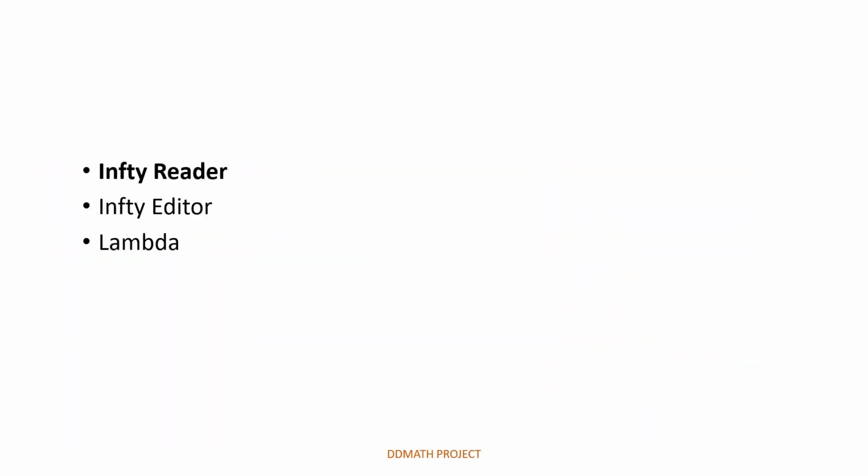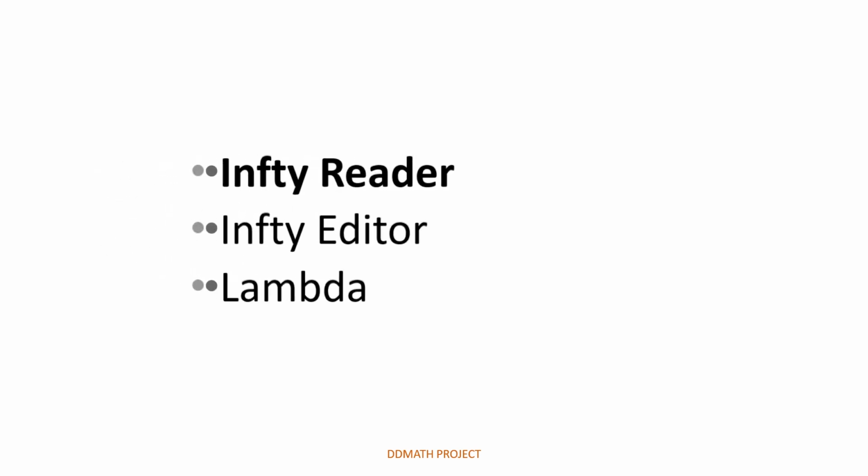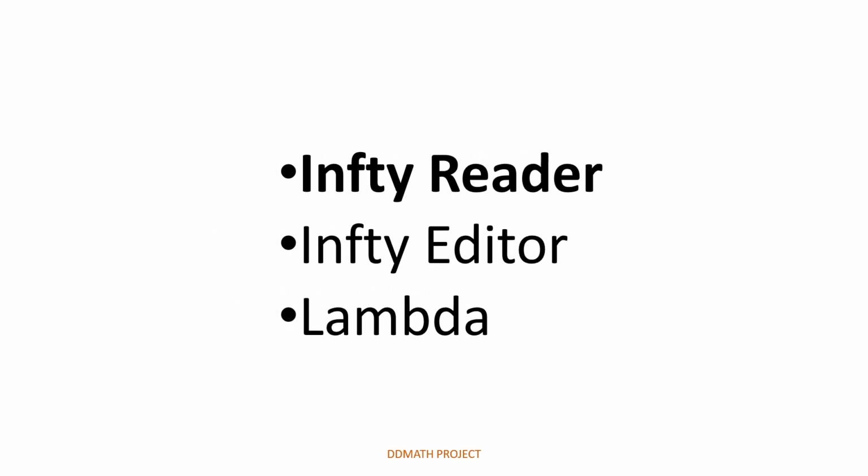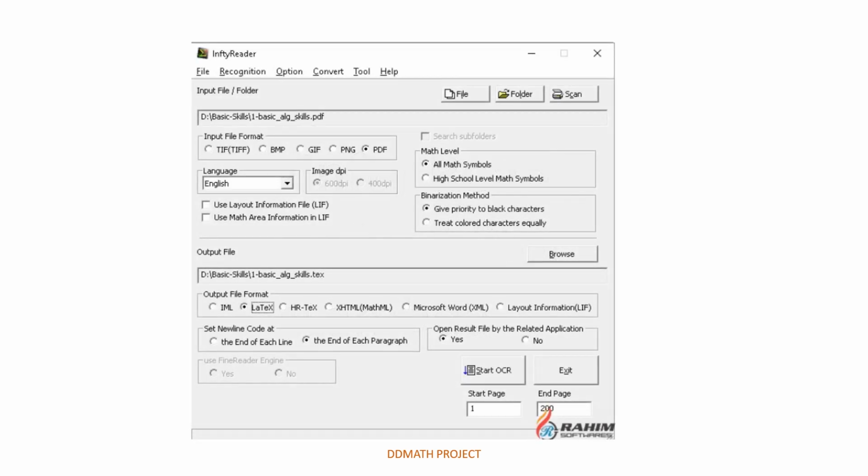In this video we briefly present how transcriptions are carried out using three fundamental software: InfyReader, InfyEditor, Lambda. InfyReader is an optical character recognition, OCR, software that recognizes standard text as well as scientific figures and mathematical symbols.